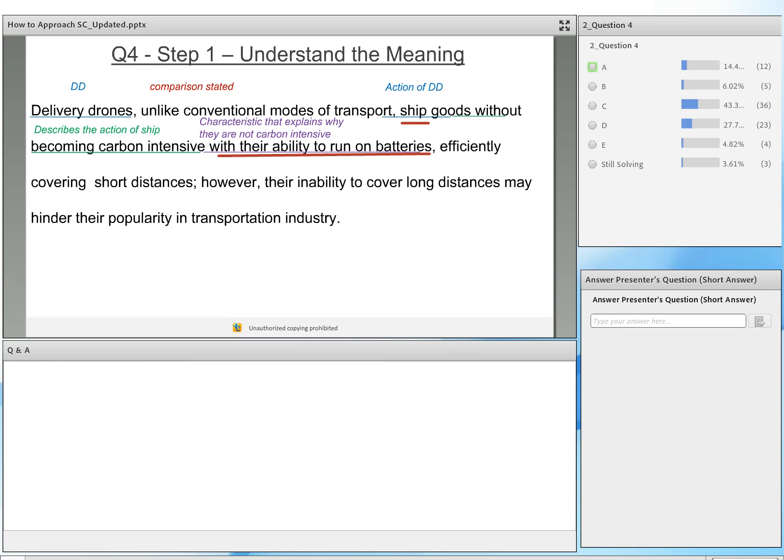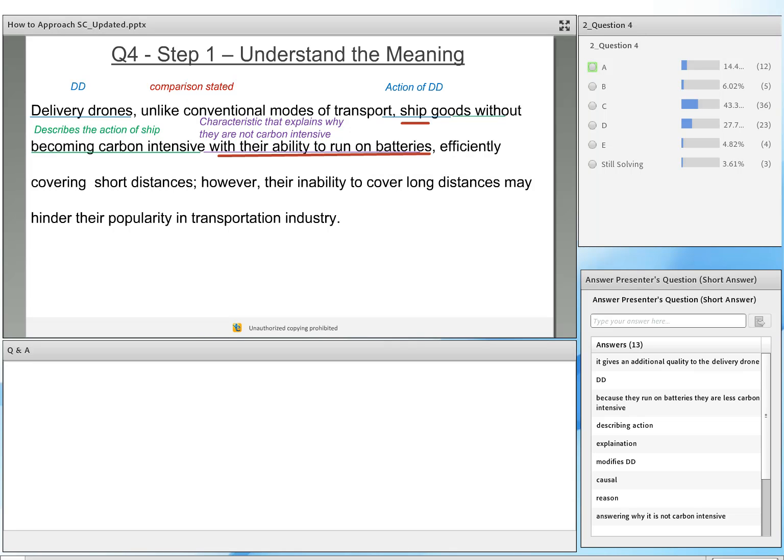It's a characteristic that explains why the delivery drones are not carbon intensive. Absolutely, because they run on batteries, they are less carbon intensive. Efficiently covering short distances. Because they run on batteries, they are able to efficiently cover short distances, right?